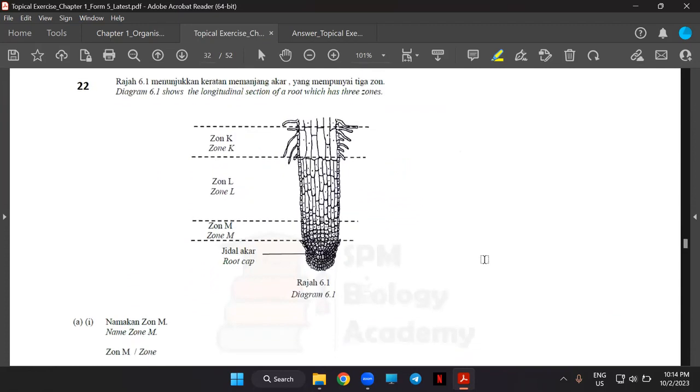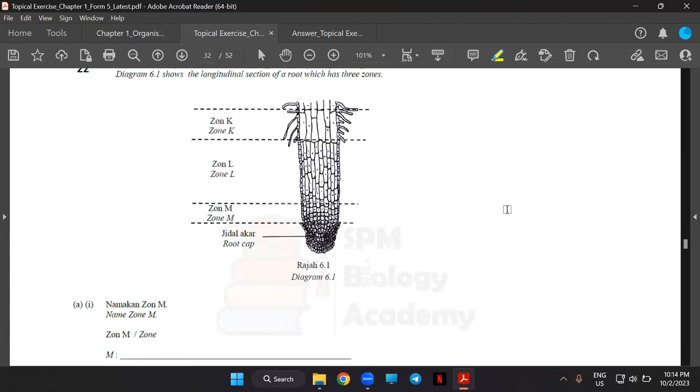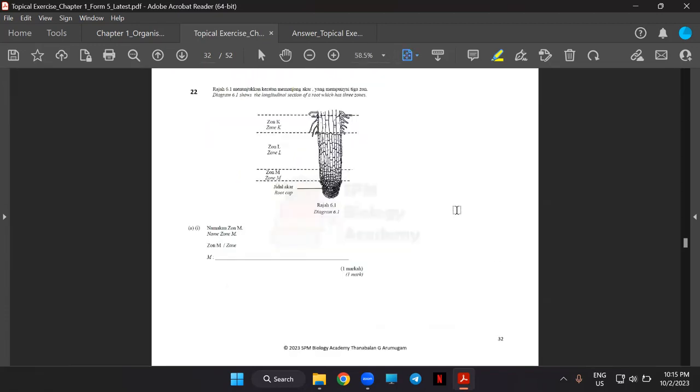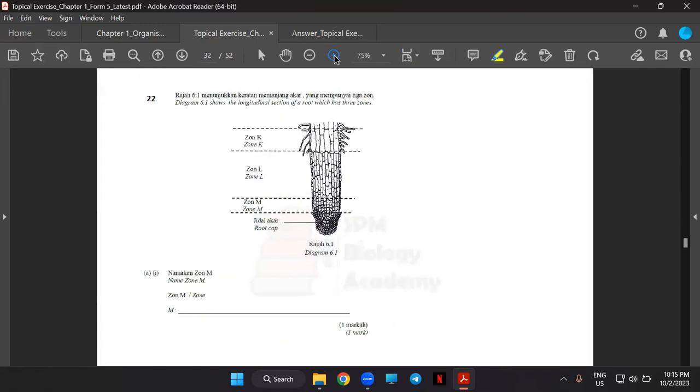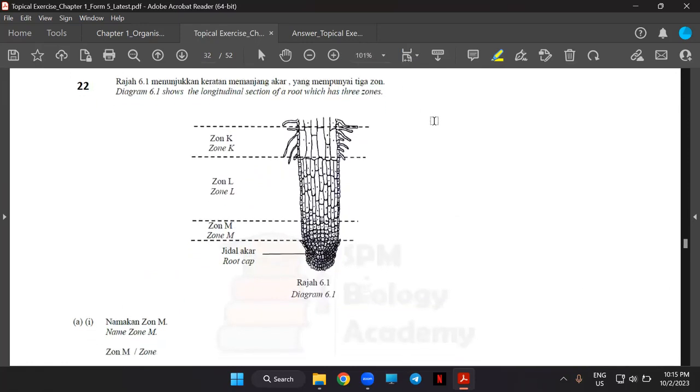Okay. Rajah 6.1 menunjukkan keratan memanjang akar. Oh, ini soalan apa? Oh, let's see. Subjektif. Alright, structure. Rajah 6.1 menunjukkan keratan memanjang akar yang mempunyai 3 zon.